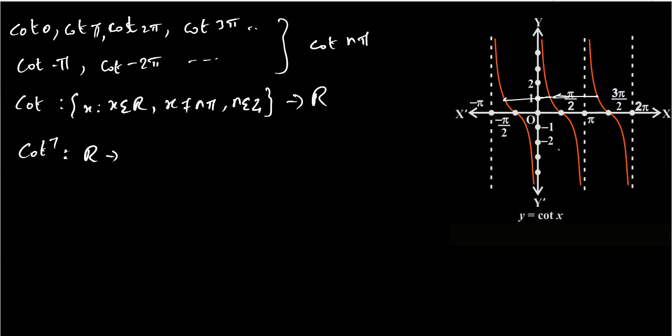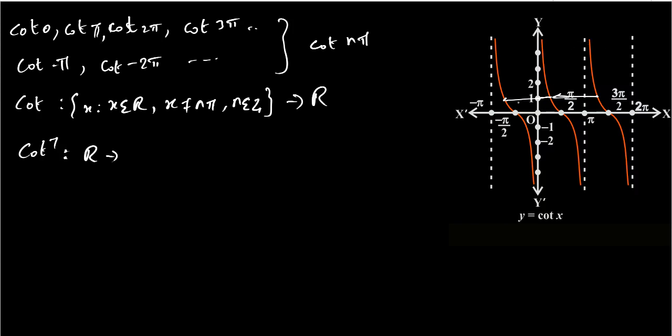So the whole cot function is not one to one and onto, so the inverse does not exist. So instead of the whole region, let me take from minus pi to 0, from 0 to pi, from pi to 2 pi. In these regions we will get an inverse.